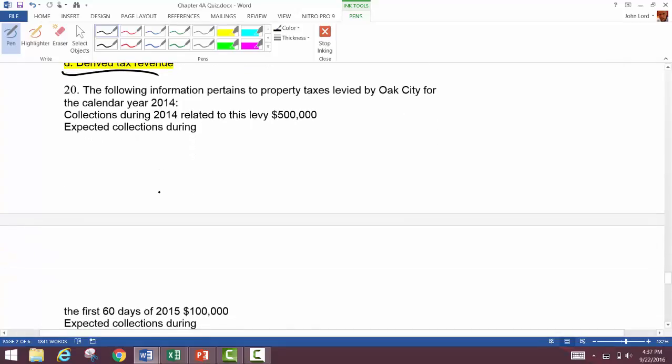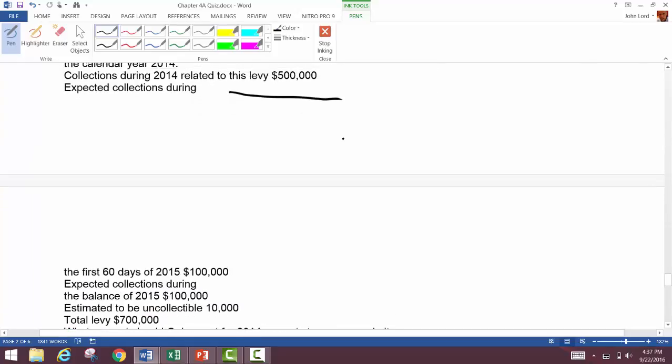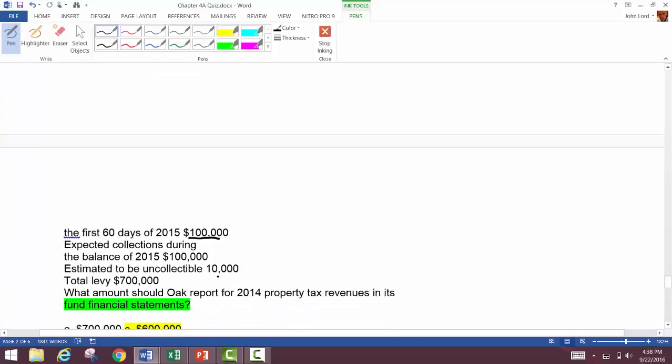The following information pertains to the property taxes of Oak City for 2014. And we have what? Collected taxes in 2014 related to the 2014. Expected collections for the first 60 days of 2015 are 100,000, and then they tell us expected collections during the balance of 2015, and they start giving me some amounts here.